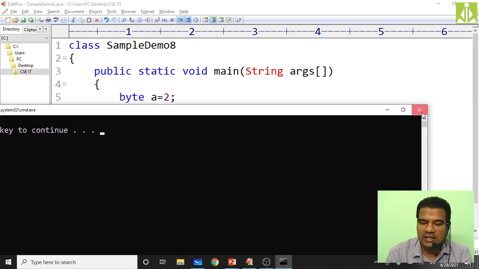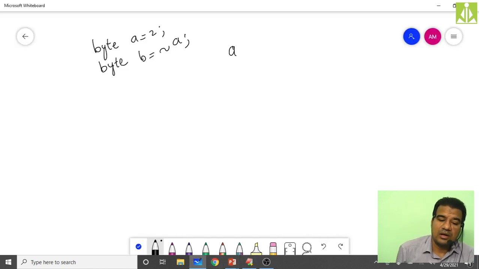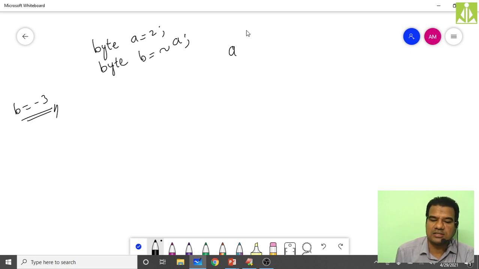So when we applied this bitwise not, we got b value as -3. This you remember. And how we got this -3: the a value we have is 2. 2 in binary is 1 0. But before that, 1 0 will have 6 zeros, because we took byte.